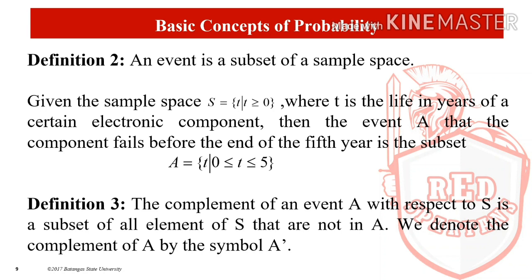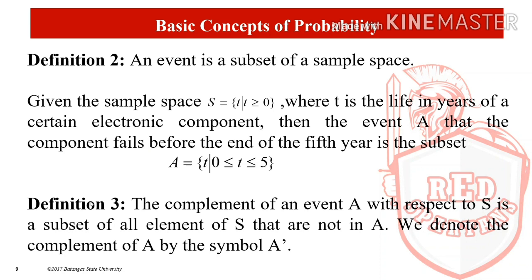So our event A is equal to open brace, which of 1, 2, 3, 4, 5, 6 are even numbers? The 2, 4, and 6. That is how you get an event from the sample space. Another: event B is the odd numbers. You get the odd numbers from the sample space, the outcomes of the die from 1 to 6. So our odd numbers are 1, 3, and 5. That is our event.